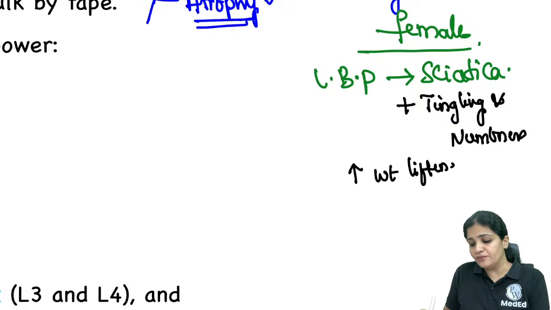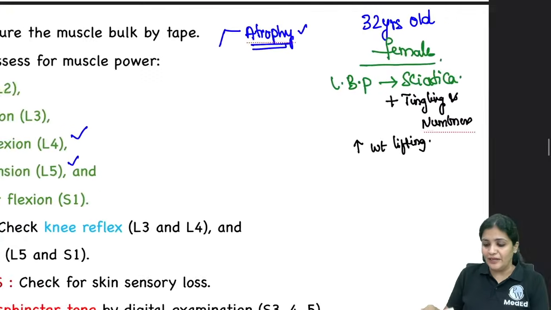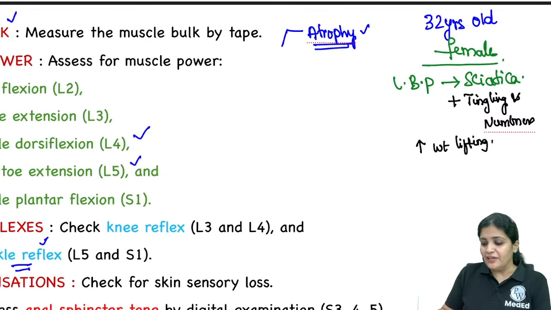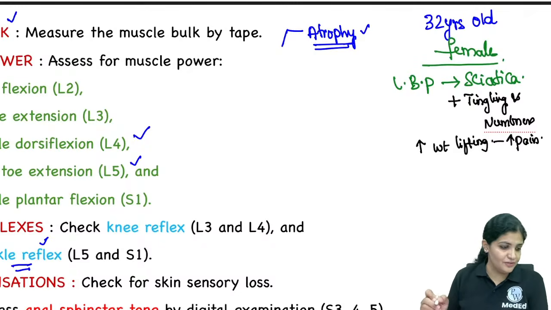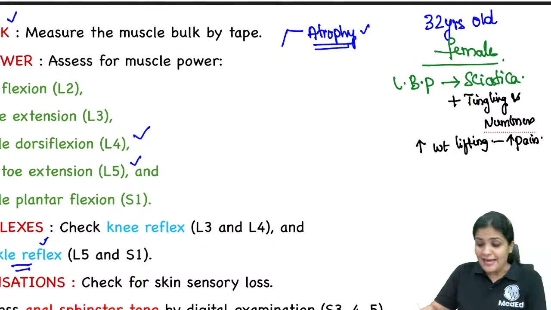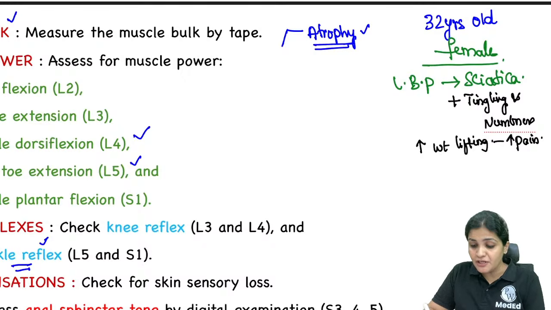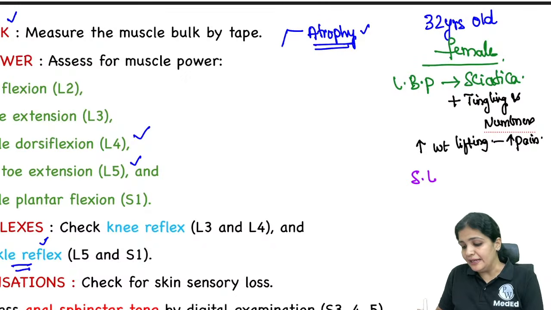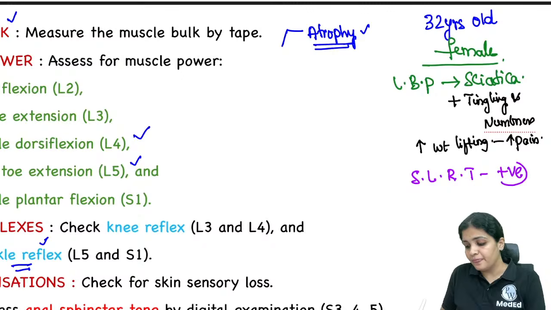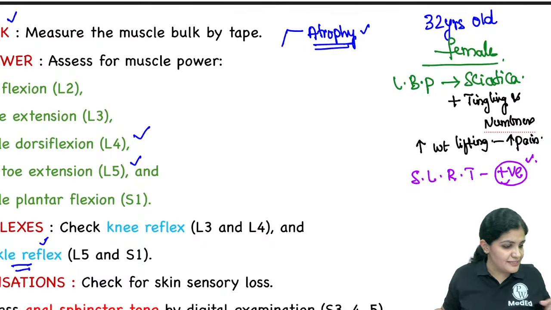Any lifting of weight, the patient will have increased pain. So this is the history we have taken. Now on examination, inspection and palpation, we have come to know that the SLRT, the straight leg raising test, is positive.